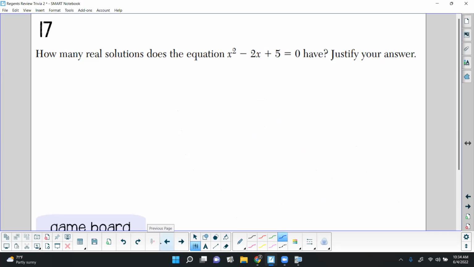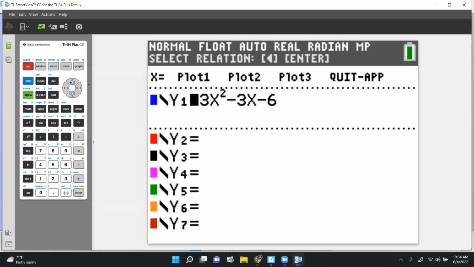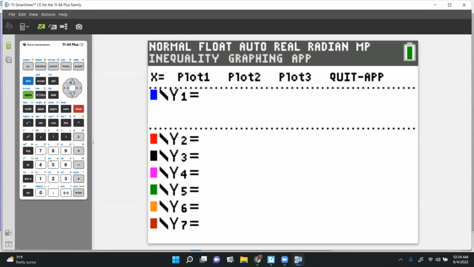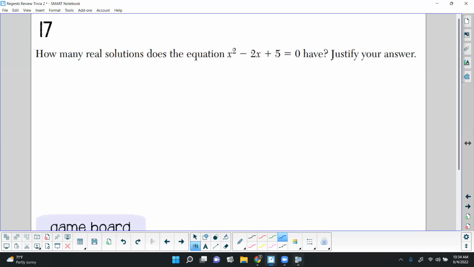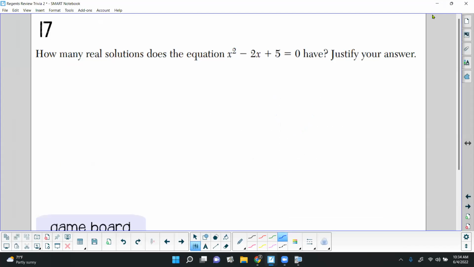But if you also were to look at this because you're like, how many solutions does it have? Let me plug that in my calculator, and you go to your y equals button and you type in x squared minus 2x plus 5. And you take a look at the graph, then you could kind of sketch something like that. You could sketch that on your paper, right, with your 1, 2, 3, 4, 5, and you kind of sketch like that.